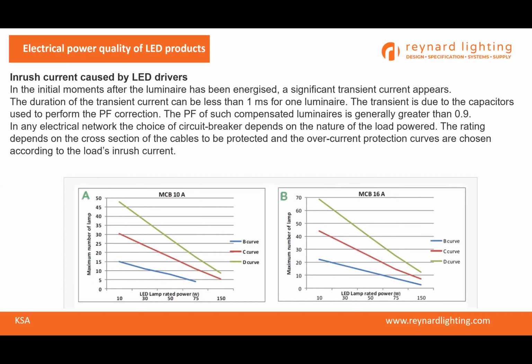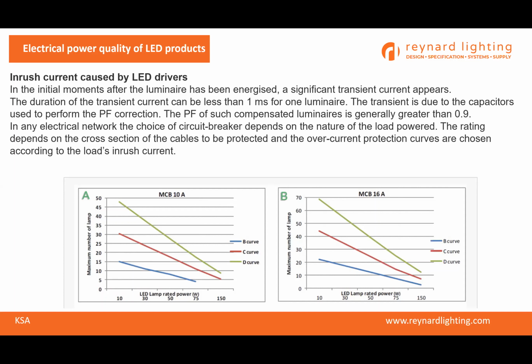So my recommendation is that the power factor should be just between 0.85 and 0.9, not to exceed 0.9, because the moment it exceeds 0.9, the inrush current will also increase. That will give you a limitation or restriction on the number of products per circuit.